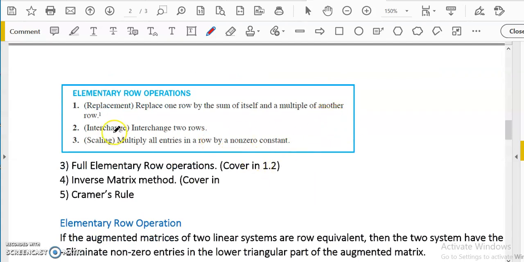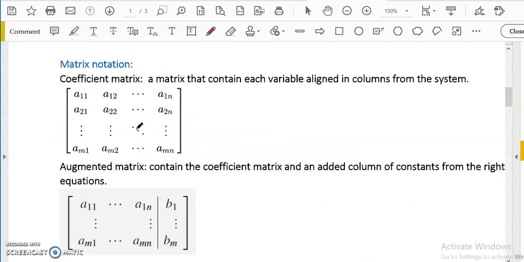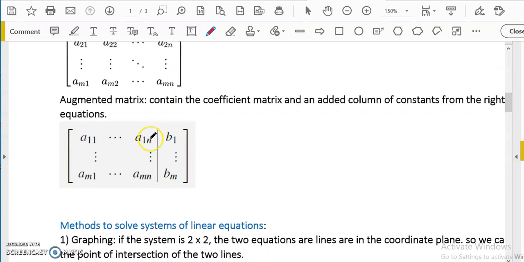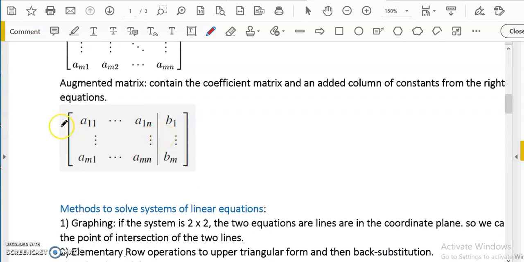Elementary row operations are three operations that you can do on a row. A row is in the augmented matrix. So you write your system as an augmented matrix, and then this is one row.